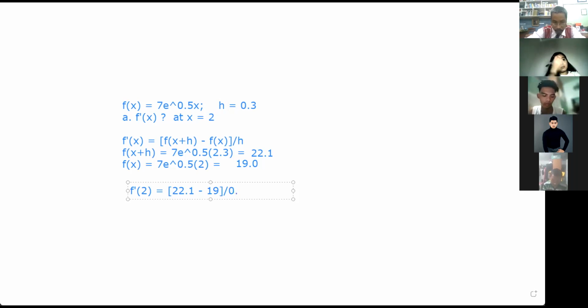If you do this in your calculator, 22.1 minus 19, and then divide by 0.3, your answer is 10.33. So 10.3 is enough.